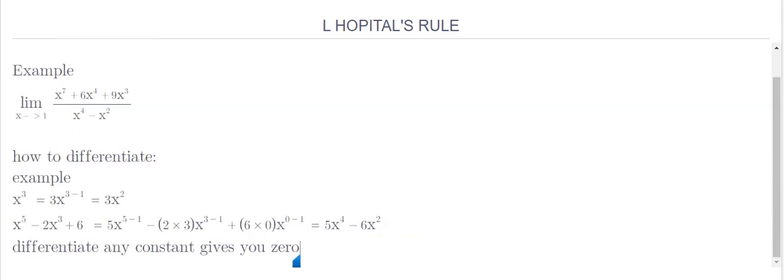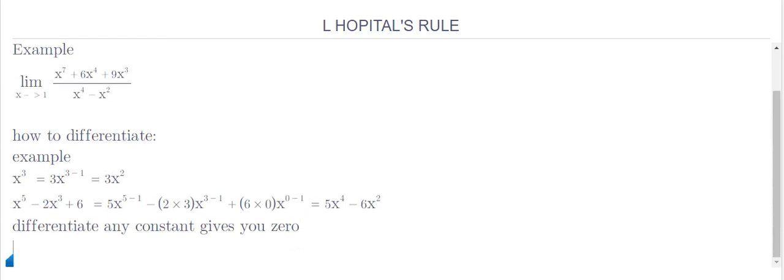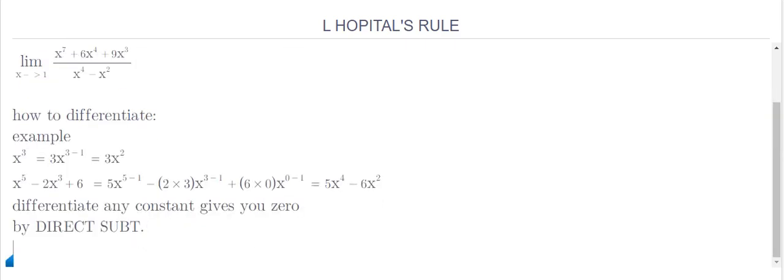Now you have understood that. Now let's move on to use direct substitution with L'Hopital's. Now, we say that for any given equation with limits, the first method must be direct substitution. So by direct substitution, you directly substitute there.